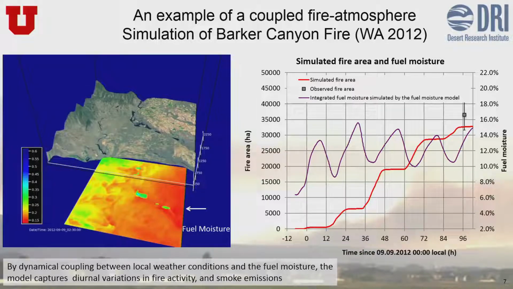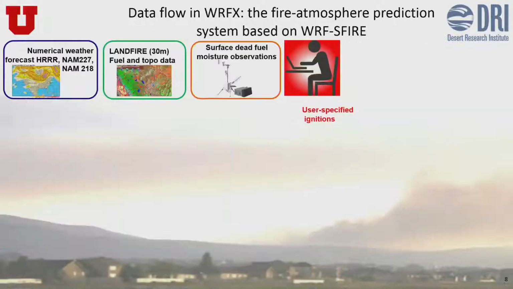The same thing is presented on this graph on the right side, where you see this purple line that's the diurnal variation in the fuel moisture, and the red line, that's the growth of the fire, the fire area. So you see that when the fuel moisture goes up overnight, the fire kind of stops, and then during daytime, when the fuel moisture goes down, the fire starts growing and the fire area increases.